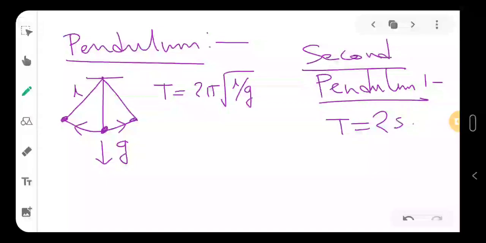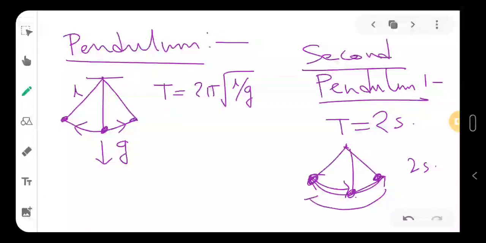So if you have any kind of pendulum for which the time period is 2 seconds, that means starting from here it will go this way, it will go that way, and again it will come back to this place. The total time is 2 seconds. So each tick, let's say coming from here to here, is 1 second. Again it will come back, 1 second. So the total time period is 2 seconds in that case. Those are called second pendulum.